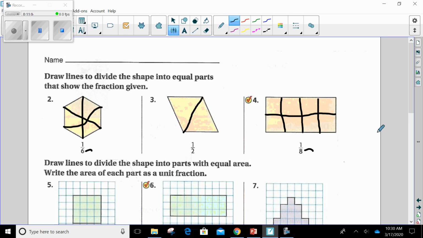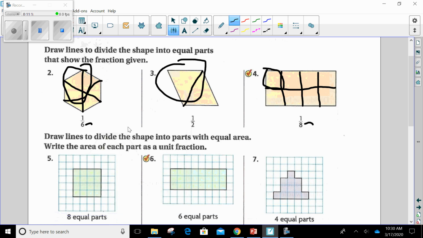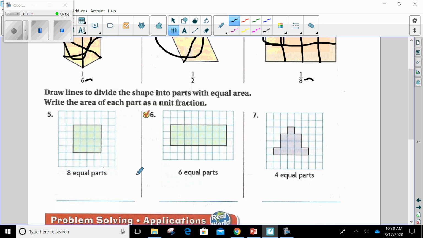I have 8 parts. That's 1/8. Okay, and this shows 1/2. This shows 1/6.